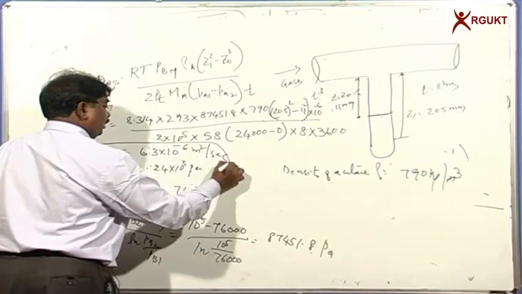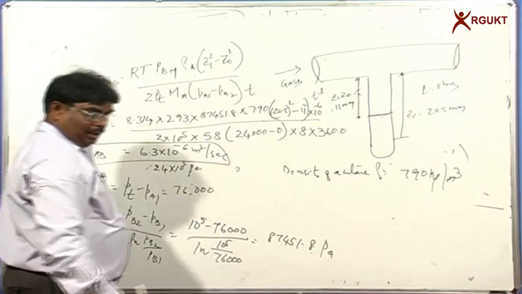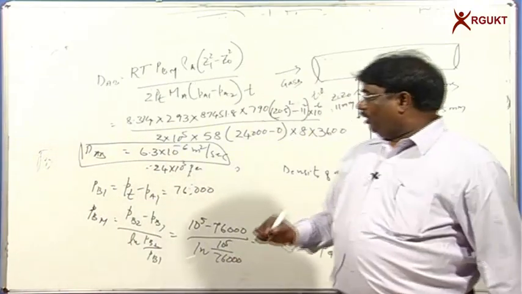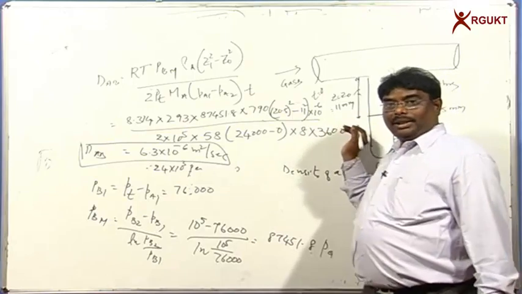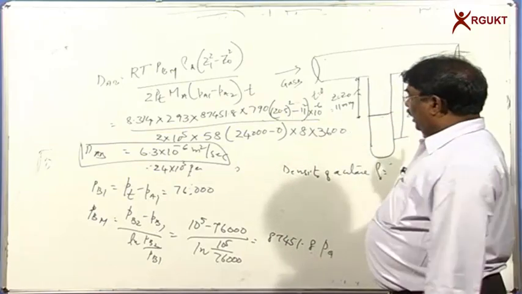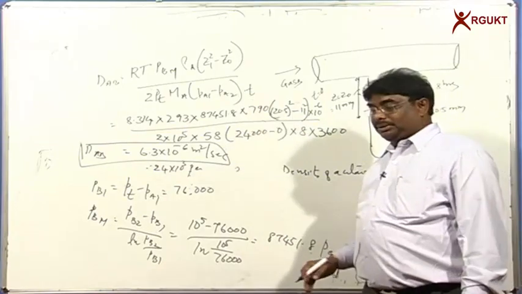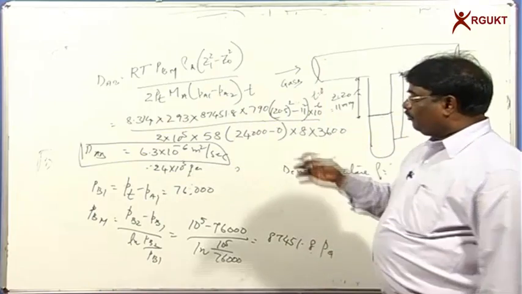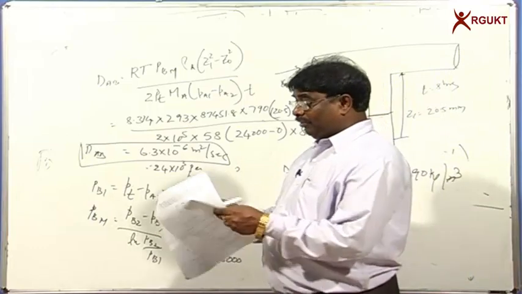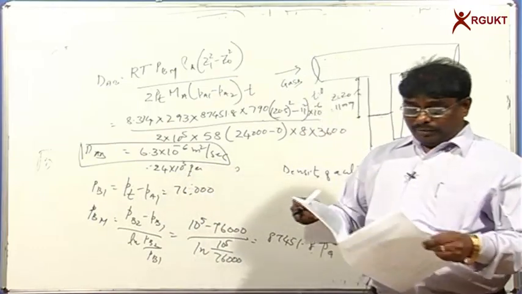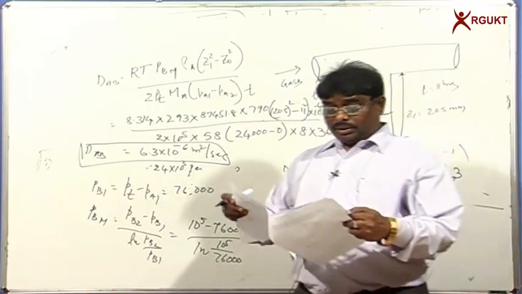And maybe in the practical classes we are going to learn how to operate Stefan's experiment, and there we are going to use the same expressions and find out the diffusion coefficients. So this is the problem of estimation of diffusion coefficient when an experiment is performed.